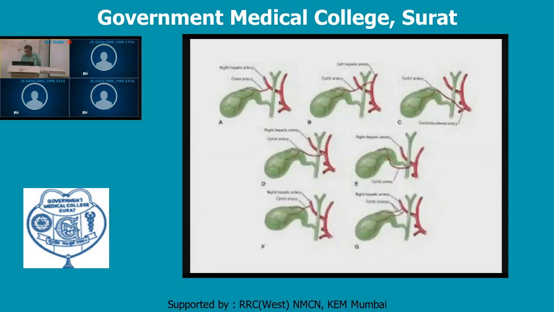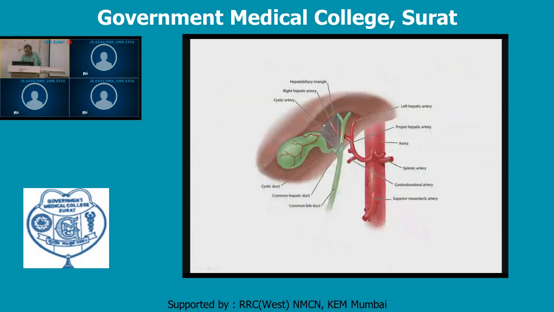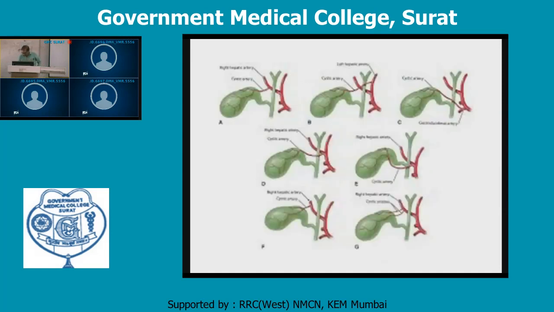Now, what I told you is that the cystic artery mostly arises from the right hepatic artery, but frequently variations are there. Variations are not infrequent. Here certain variations are shown. Here in this case, the cystic artery arises from the left hepatic artery.